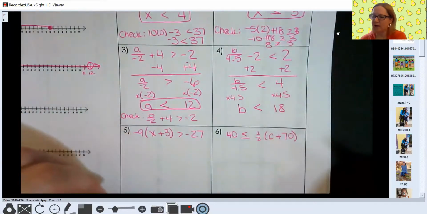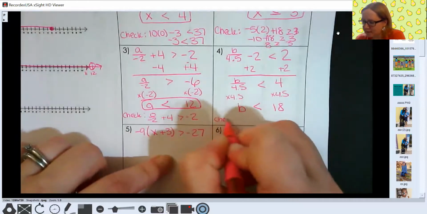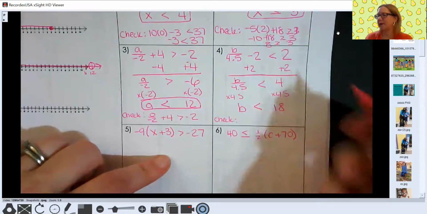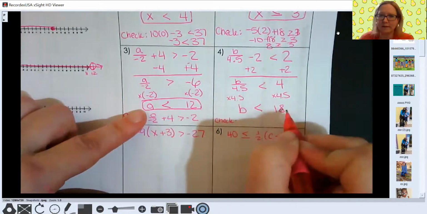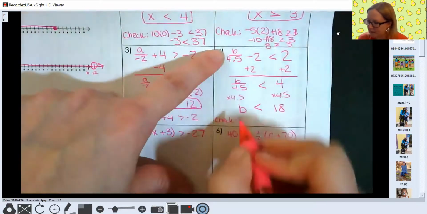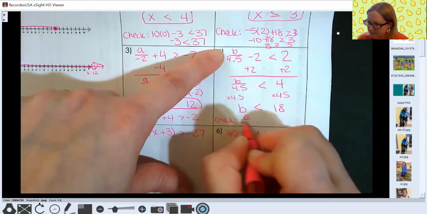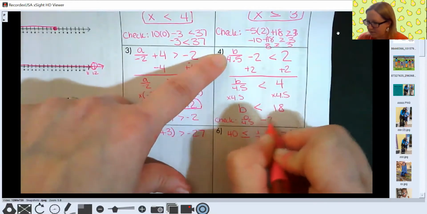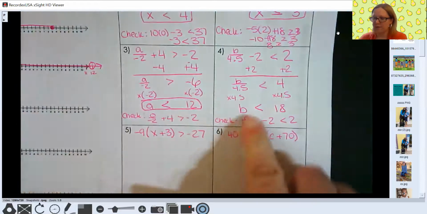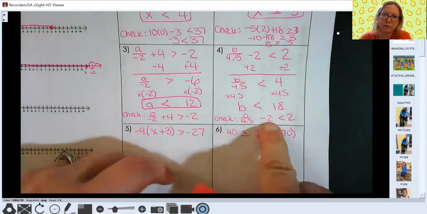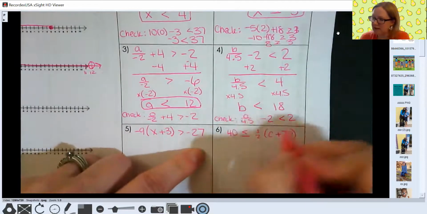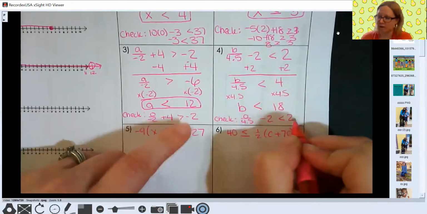I'm going to choose a value to substitute in to check my answer. Again, I'm just going to use 0. It's easy to use. So if I use 0, because 0 is less than 18, plug it into my original inequality. 0 divided by 4.5 minus 2 is less than -2. Well, 0 divided by 4.5 is 0. 0 minus 2 is -2, and -2 is less than -2.